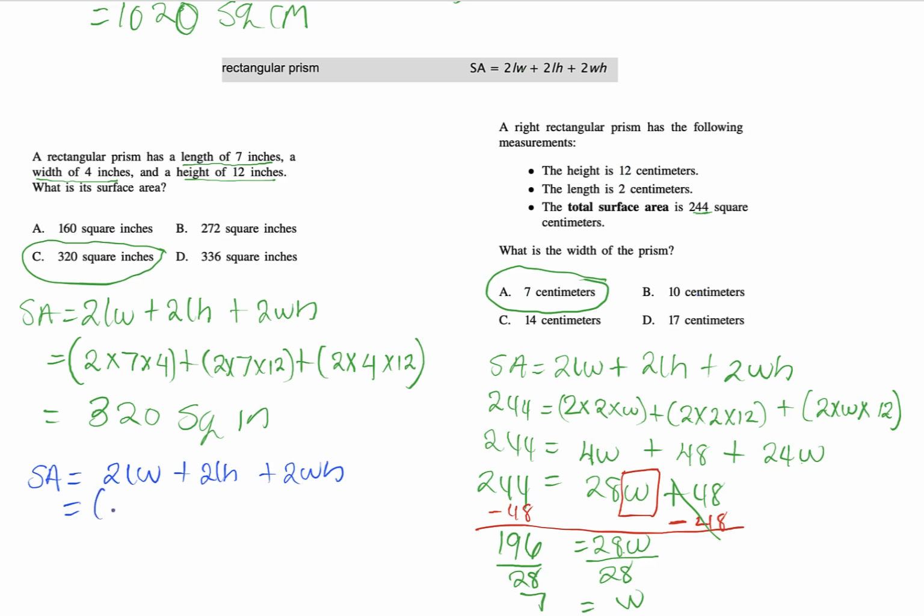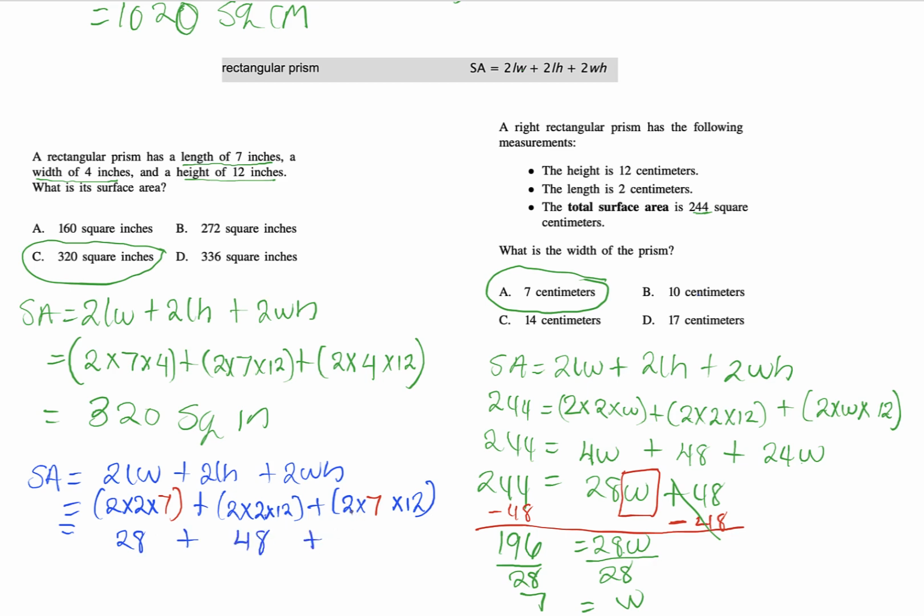So this is 2 times 2, and I'm assuming that the width is 7. Plus 2 times 2 times 12, plus 2 times, and again, you're assuming that the width is 7, times 12. Because these numbers are pretty quick, I'm not going to pull up my calculator. I'm going to go 2 times 2 is 4 times 7, so 28, plus 2 times 2 is 4, 4 times 12 is 48.